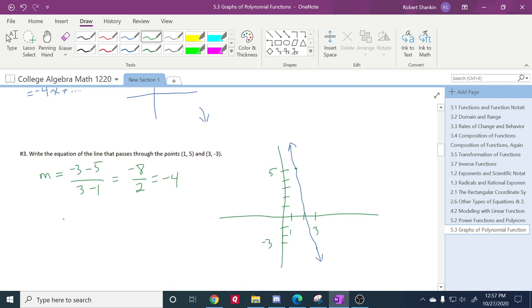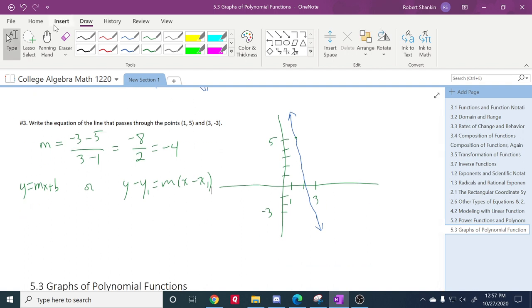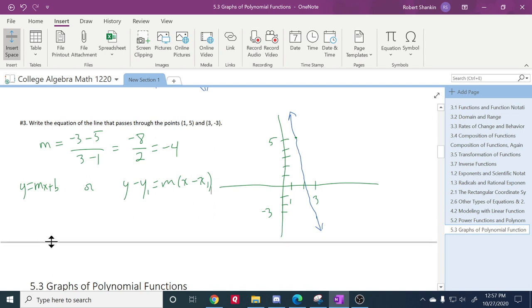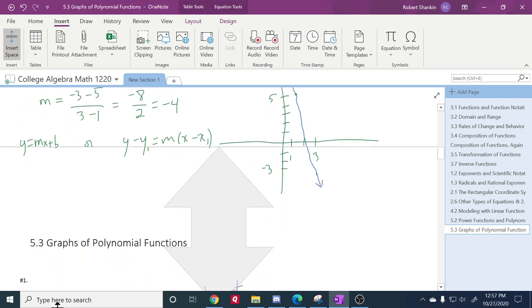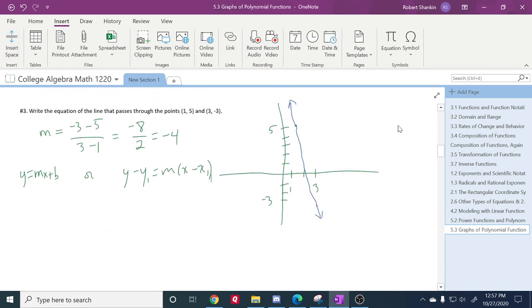And then I can go to either y equals mx plus b or y minus y1 equals m times x minus x1. Now, this second one is the quicker way. It's the way we mostly do these. But the first one kind of explains the idea, makes it a little bit more intuitive. Let me do both.